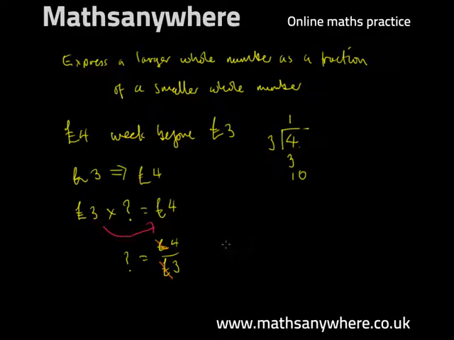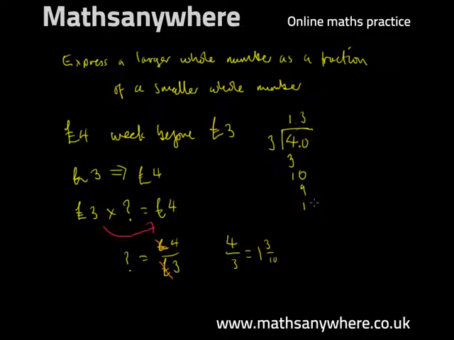So we can say that 4/3 equals 1 3/10, but we could also say, we carry on doing our long division, 3 into 10 goes 3 times, which is 9. 10 minus 9 is 1.